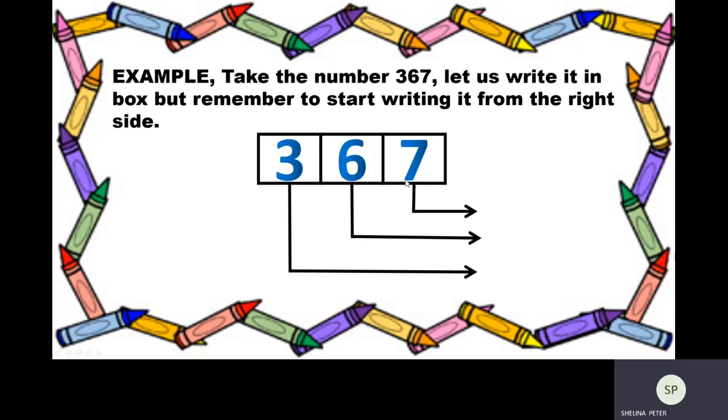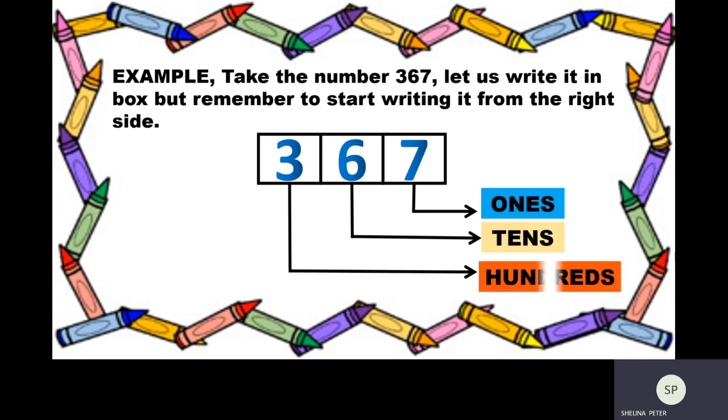So we have to write the place value of each digit. So there are three digits. Let us begin now. I hope you remember. So 7 is at ones place, 6 is at tens place, and 3 is at hundreds place. Excellent. Very good.